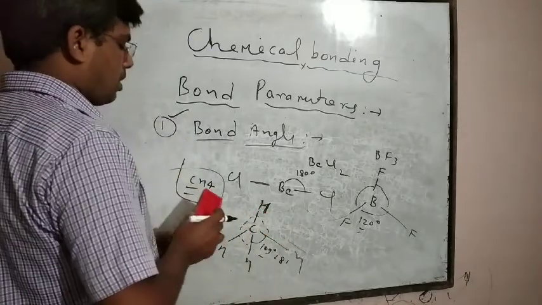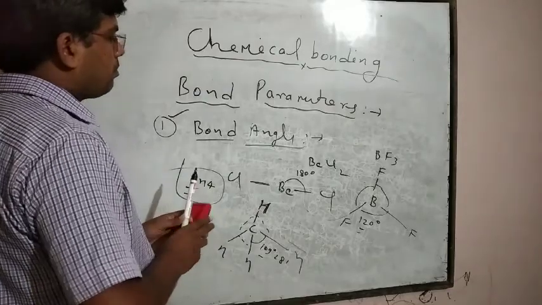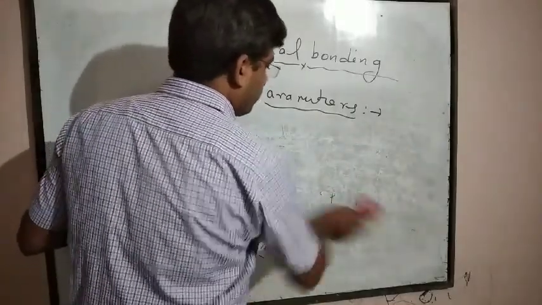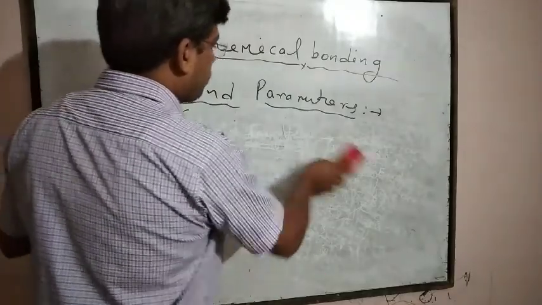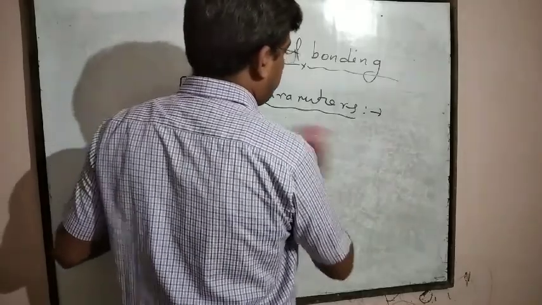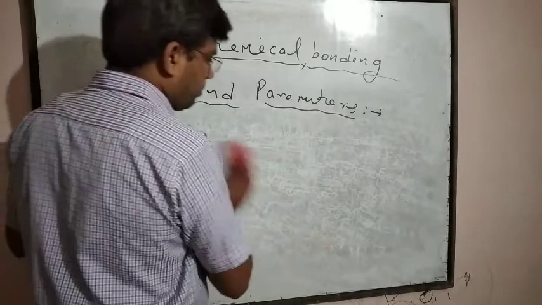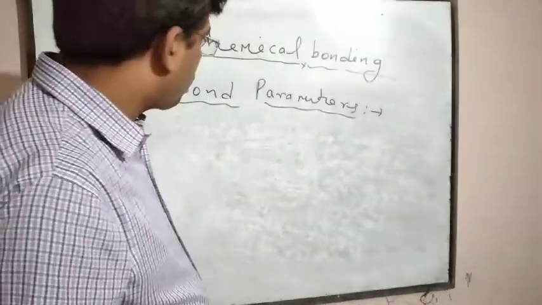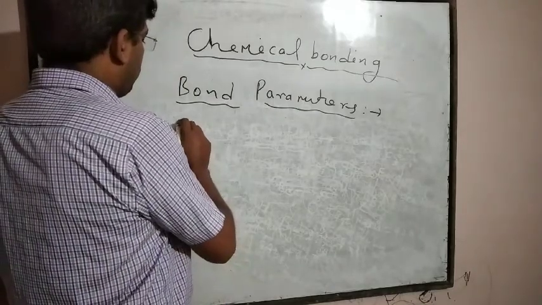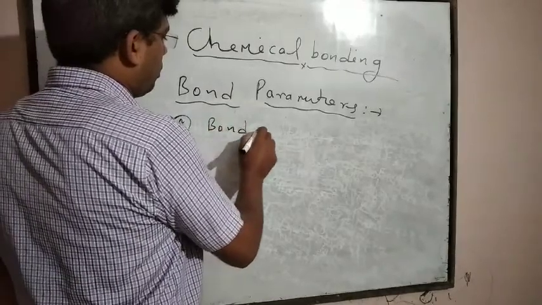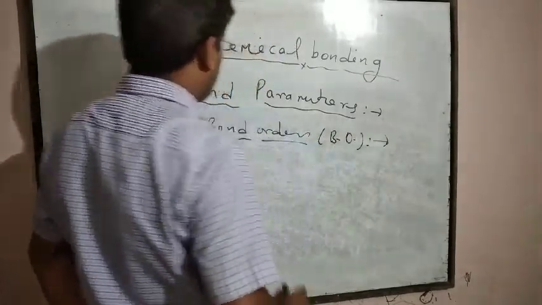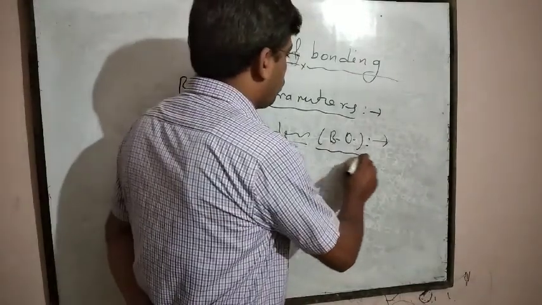Now the next thing is bond order. The fourth bond parameter is bond order, BO.